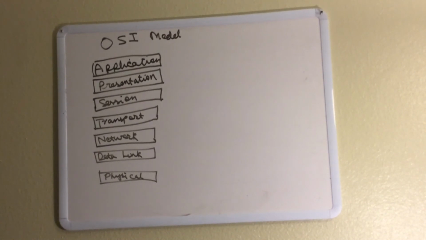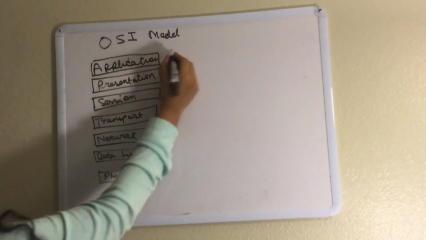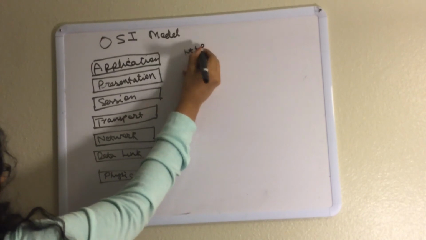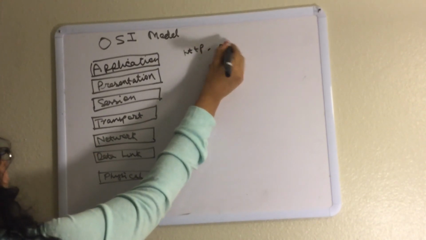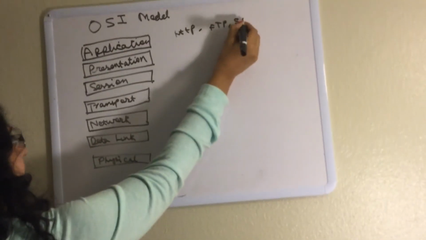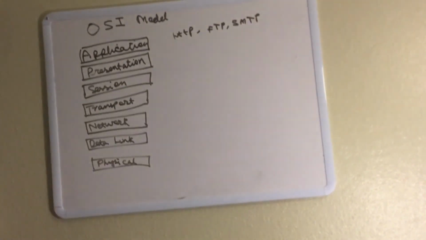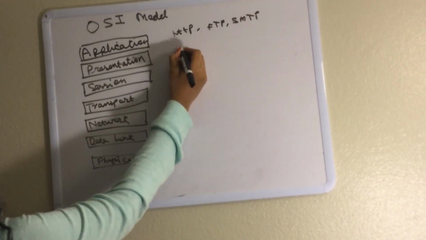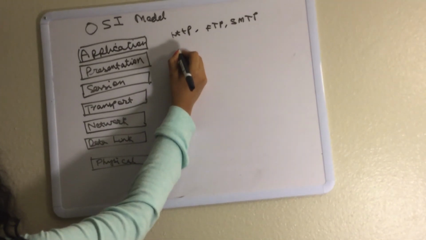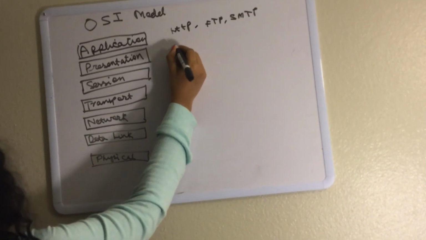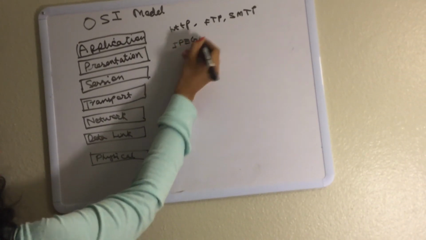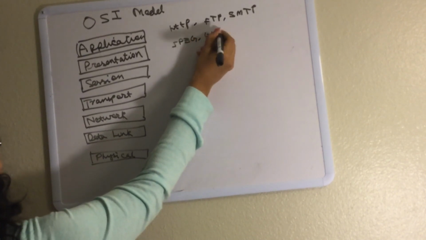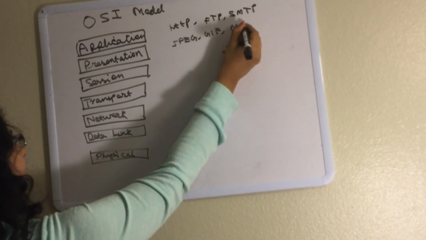The application layer basically uses protocols such as HTTP, FTP, and SMTP. The presentation layer has formats such as JPEG, GIF, and MPEG.